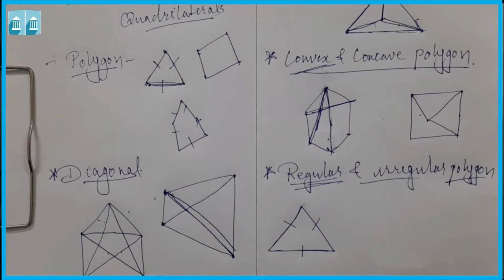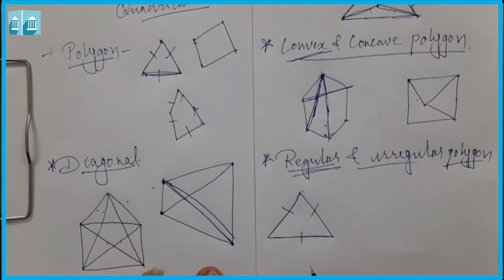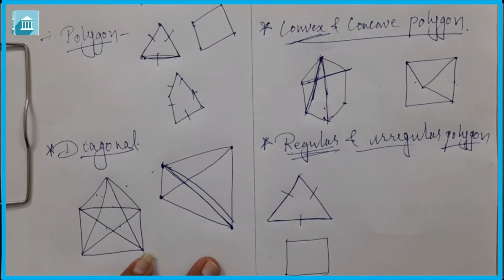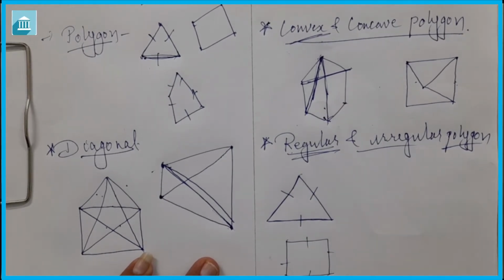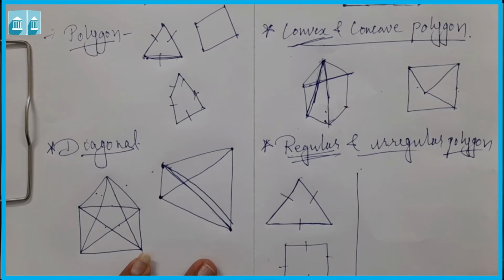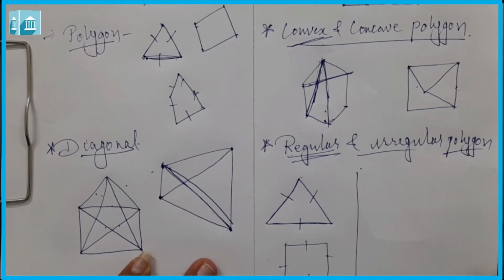An equilateral triangle is a regular polygon, or suppose a square. Square has all the sides equal, so it is a regular polygon. So regular polygon means all the sides are equal.